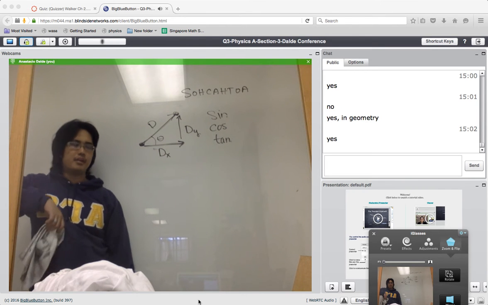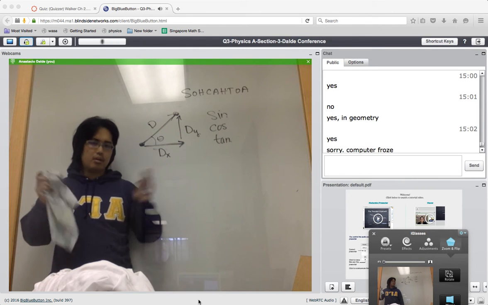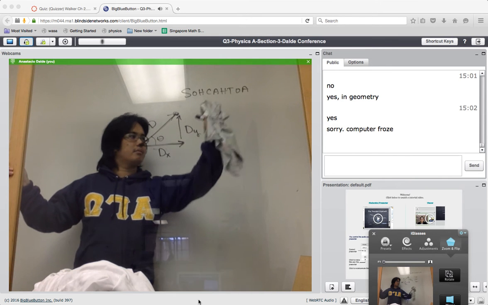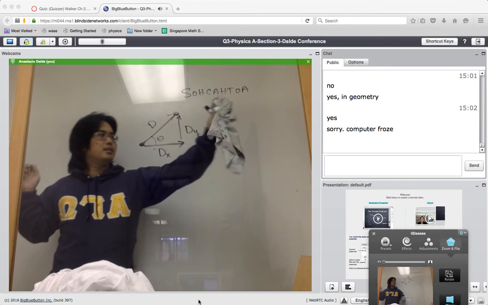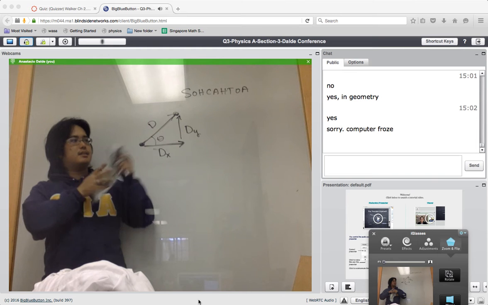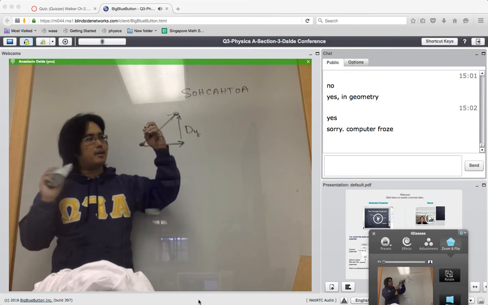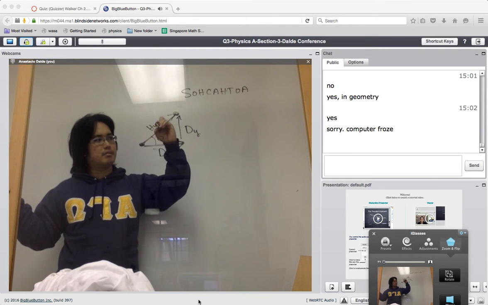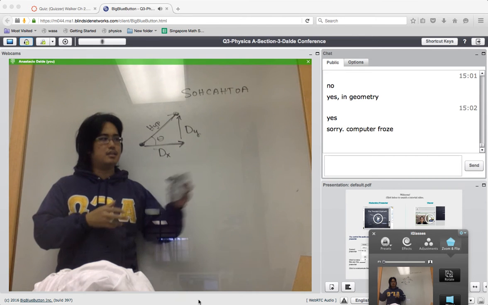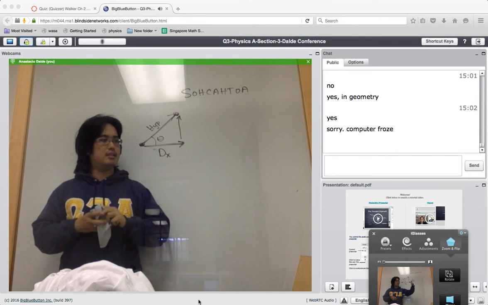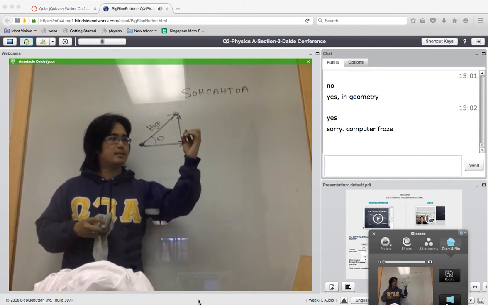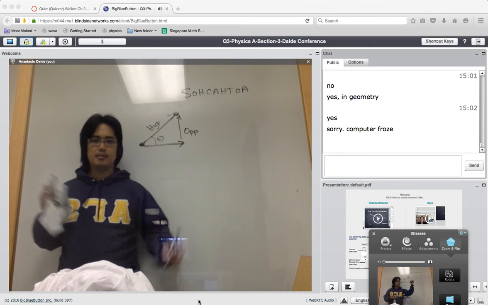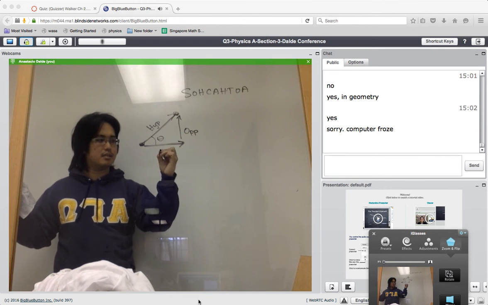Okay. All right. Well, I'll go through SOHCAHTOA real quickly with you. Basically, we see this side of the triangle as the hypotenuse. We see this side of the triangle as the opposite. And this one is the adjacent.